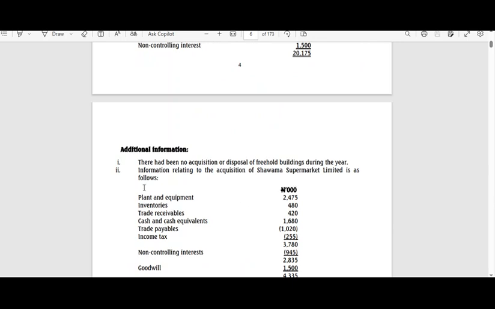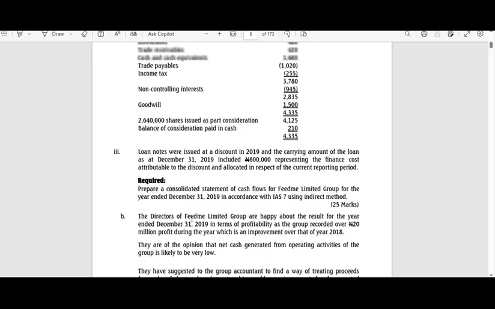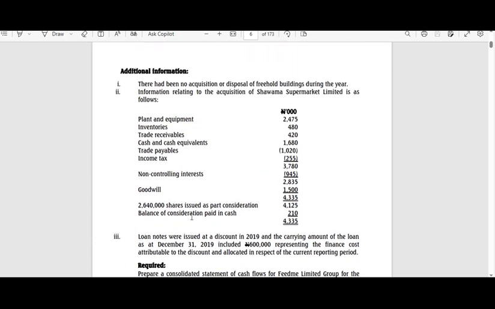We have 480 as inventory. They said information relating to the acquisition of the supermarket is as follows. We need to consider the inventory as well.